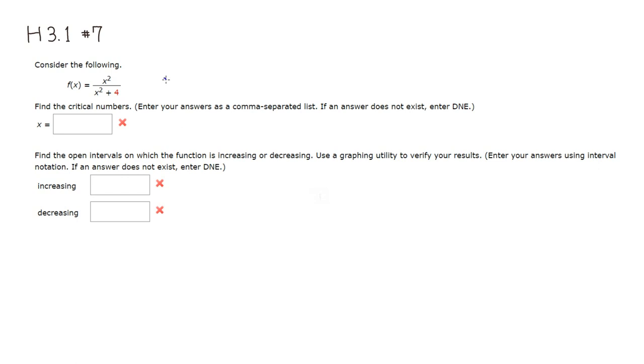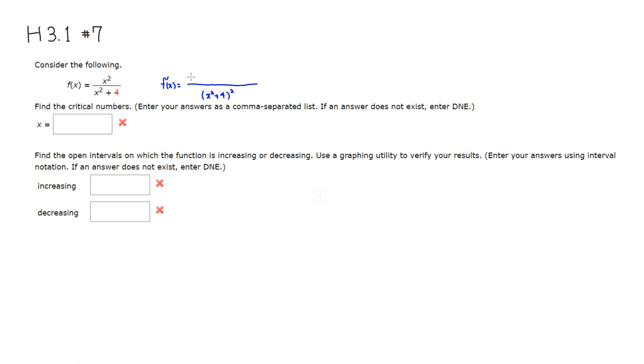So f prime of x is equal to, we're going to square the denominator. So we have x squared plus 4 squared.